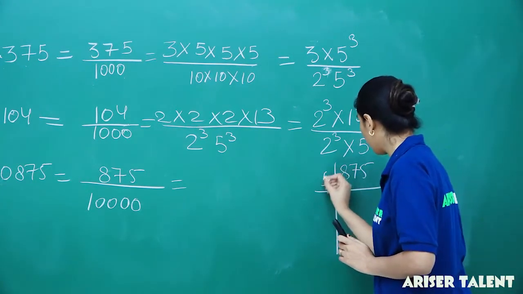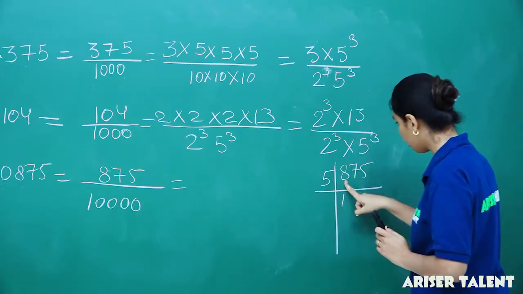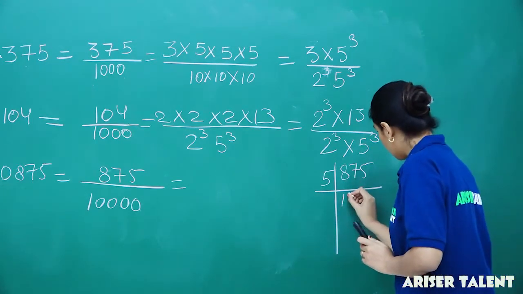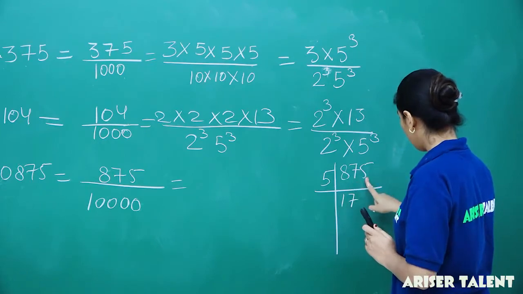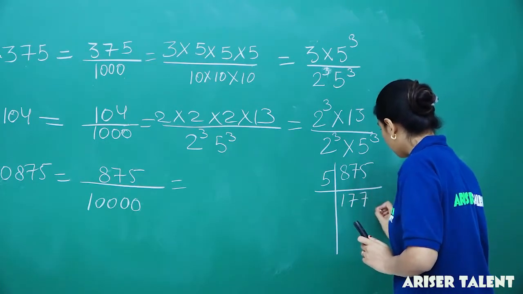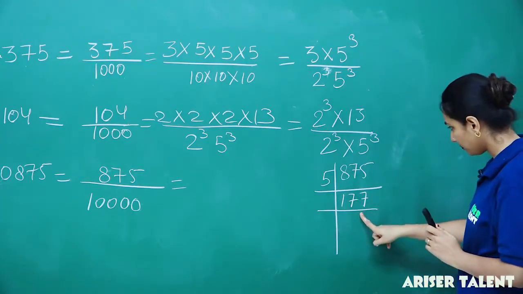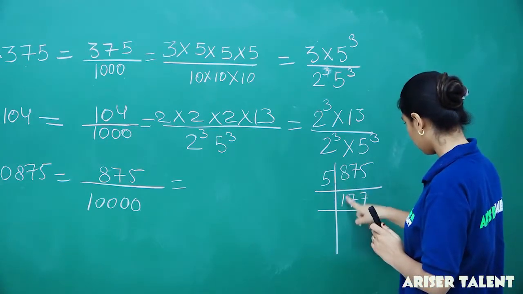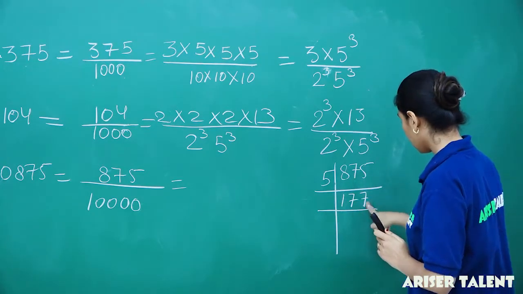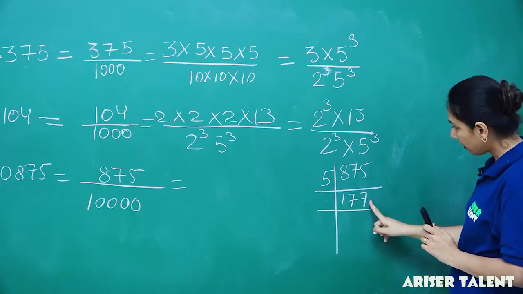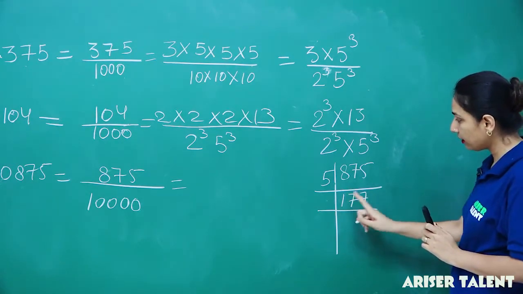Then 5, okay. 5 ones are 5, 3 left. 7 times. Okay. Then 7, 7, 14, 1, 15.